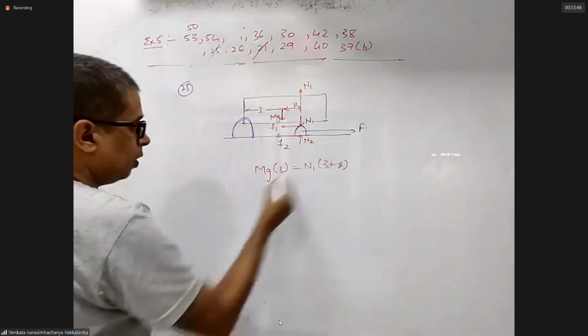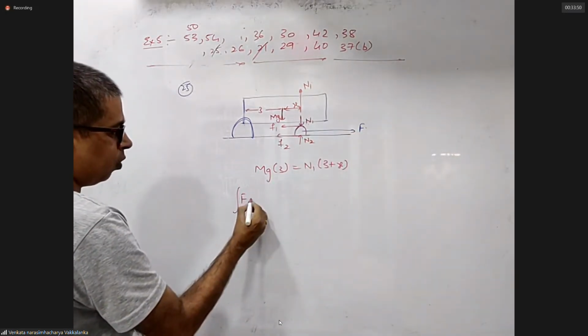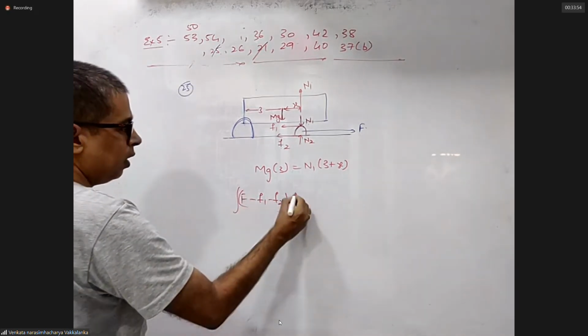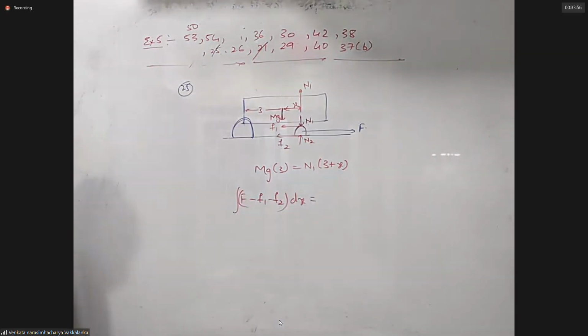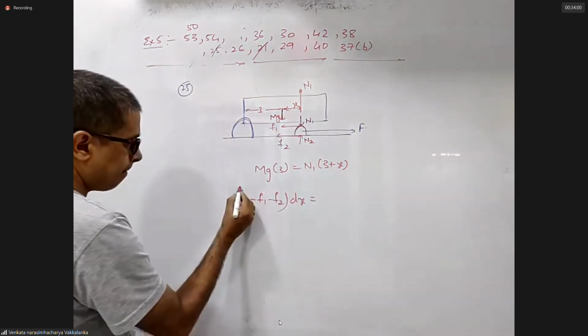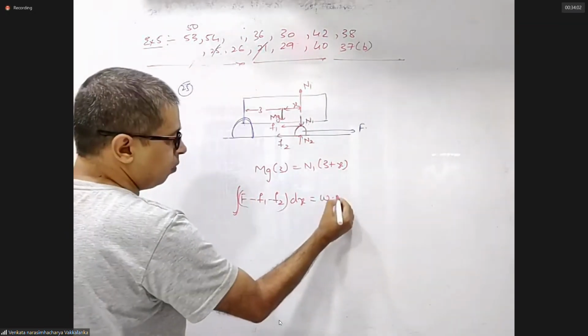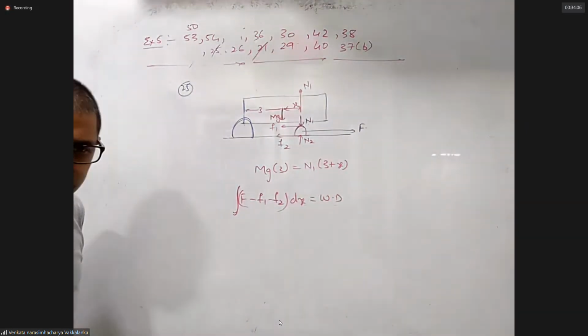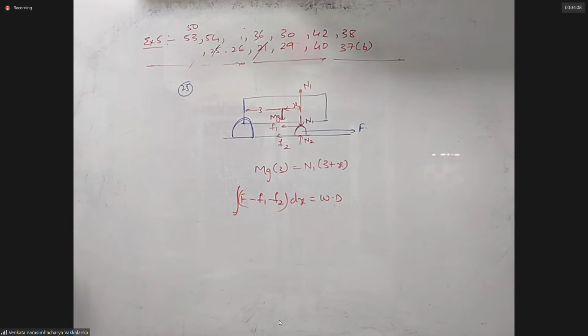Agreed? Now work done here will be force minus F1 minus F2 into displacement X, which should be equal to the net total work done. Capital F is given.